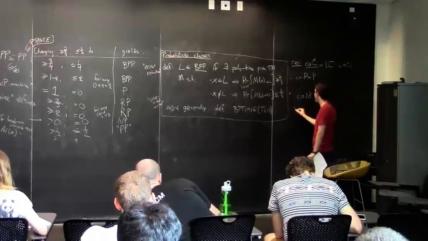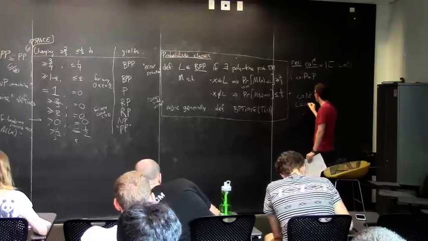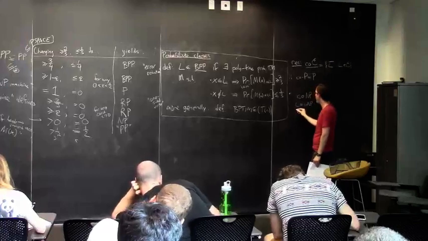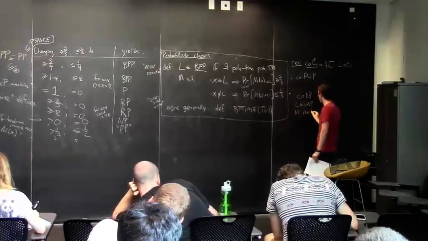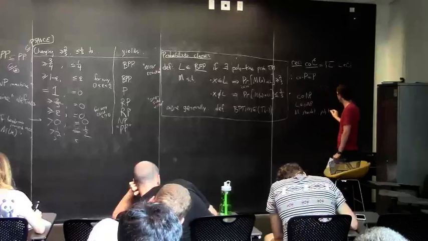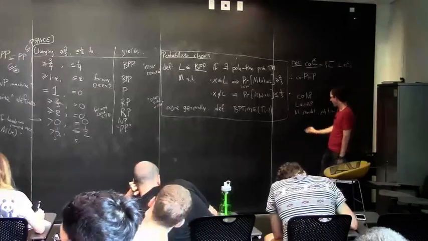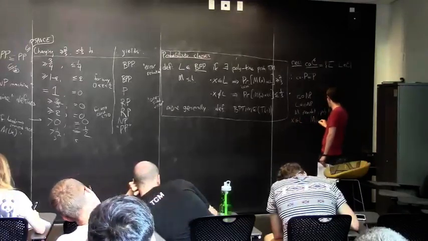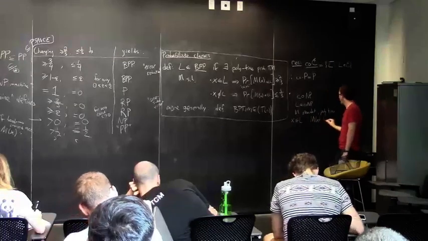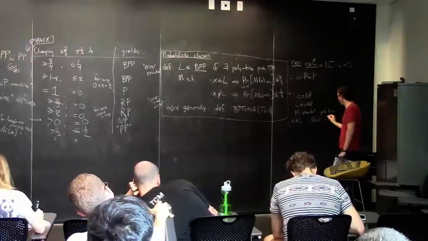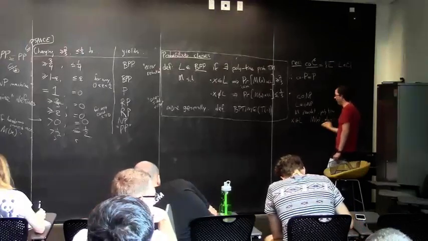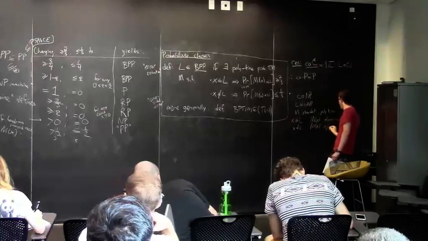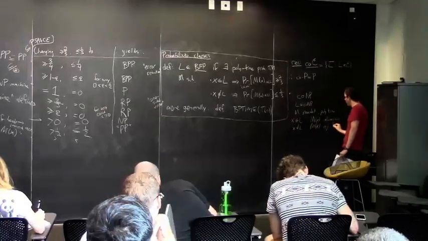So being in co-NP means that you have some non-deterministic Turing machine M that runs in polynomial time, such that if x is in the language, then M of x always accepts, and if x is not in the language, then M of x rejects for at least some choices of the bits.